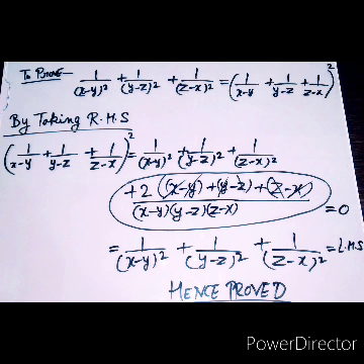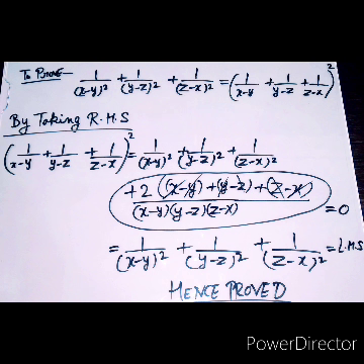Now by taking the RHS, we open up this (a plus b plus c) whole square, because there are three terms given in this equation, which equals 1 upon (x minus y) whole square plus 1 upon (y minus z) whole square plus 1 upon (z minus x) whole square plus 2 times.